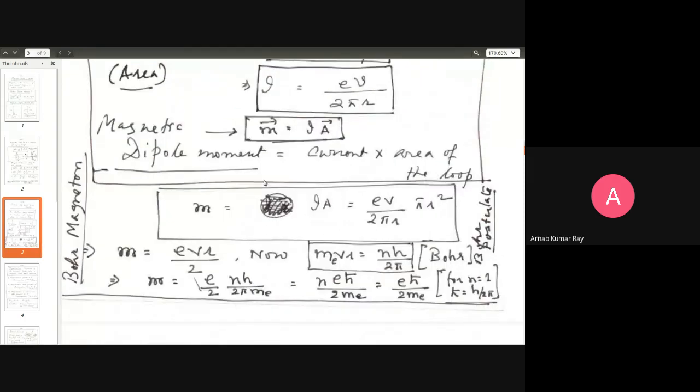So why is it not happening, even though the electron is a charged particle and accelerating? Niels Bohr doesn't try to answer that question, but he says, let's just say that there are special designated orbits where the electron will not obey this behavior of charged particles, that even if they accelerate, they will lose energy and radiate away energy.